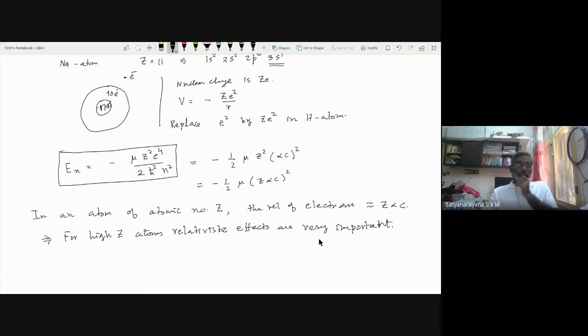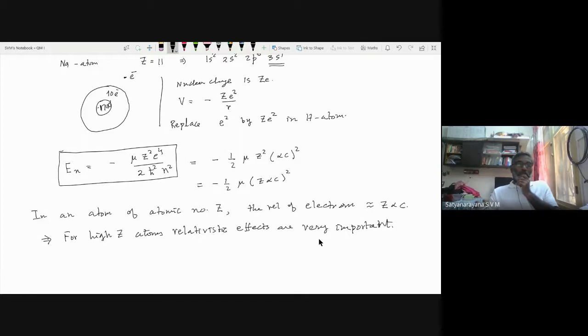Okay, so if you want to understand why gold is of that color, why gold behaves in this way, and if you remember, gold has an atomic number of 79, and mercury, which is just an adjacent element to gold, has an atomic number of 80. If you look at the physical properties of mercury and gold, they are poles apart. Mercury is a liquid and gold is a solid, it is a metal.